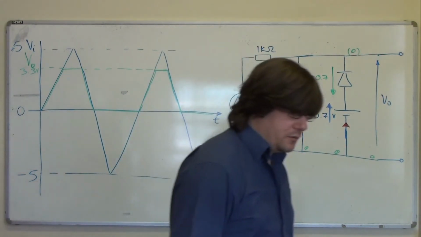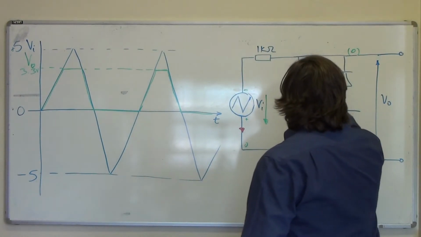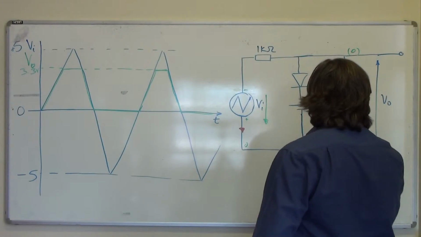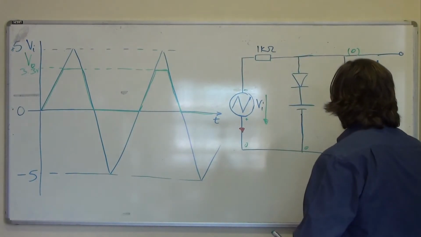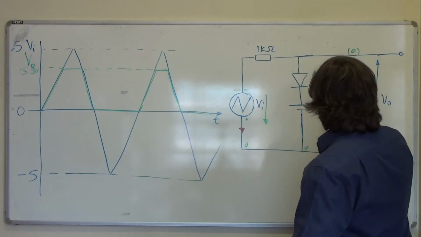So similar arguments apply to the other diode. We've got to get 0.7 volts across here somehow.